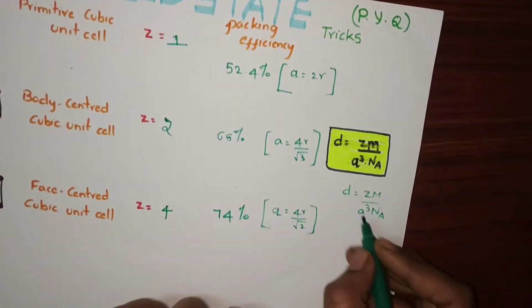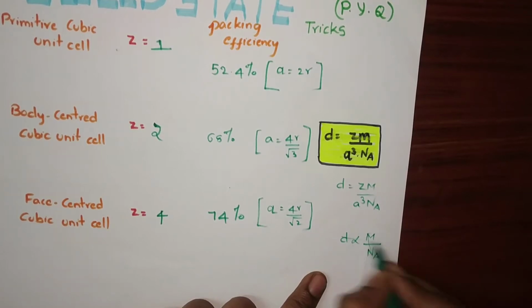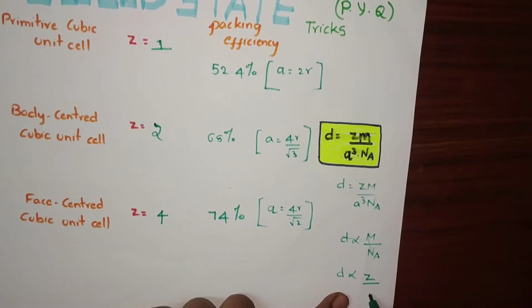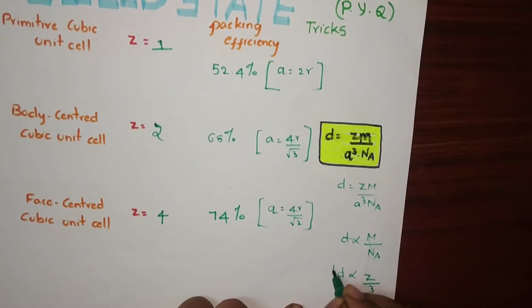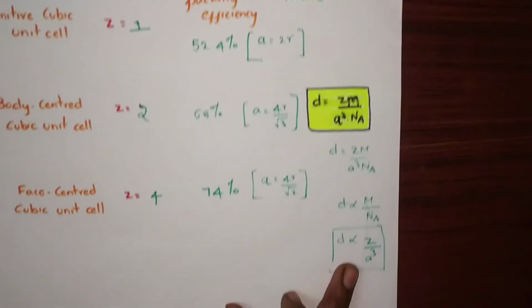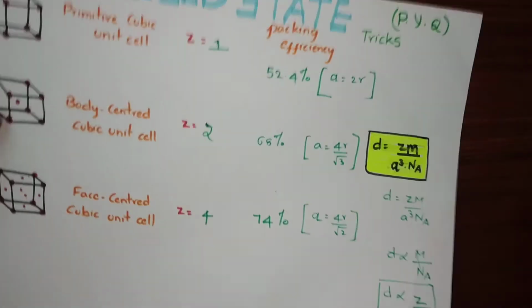From this I can say that density is directly proportional to Z by a cube. From this we are going to solve a question. Let's start.